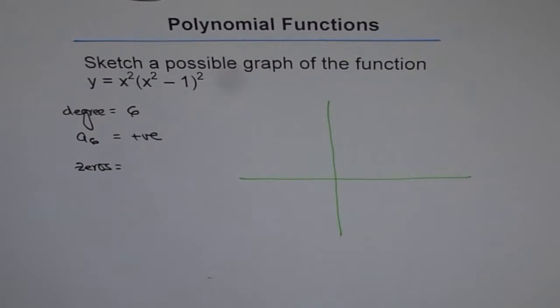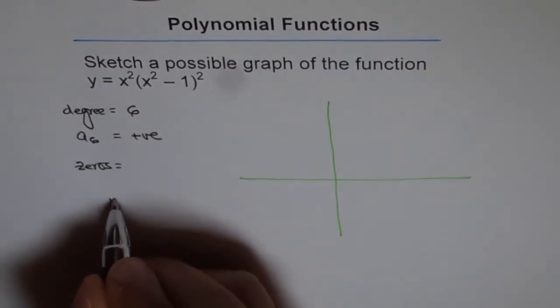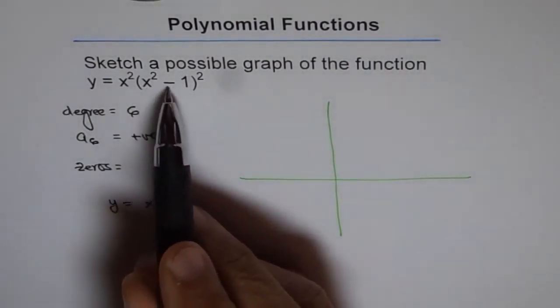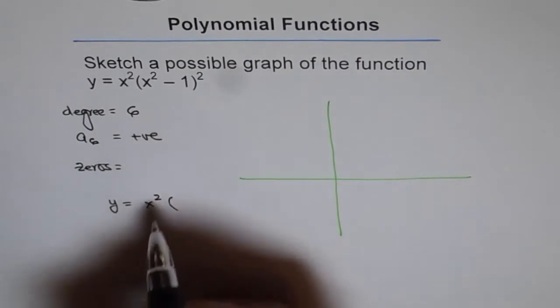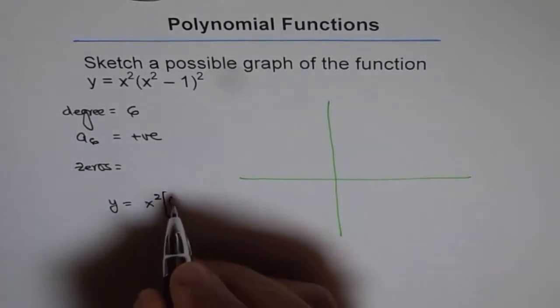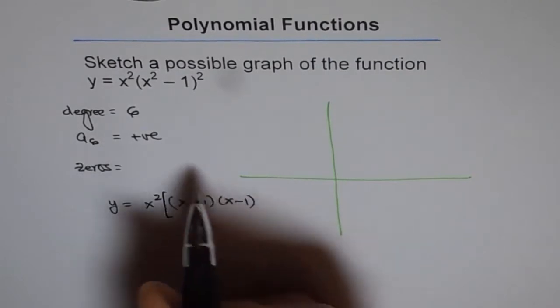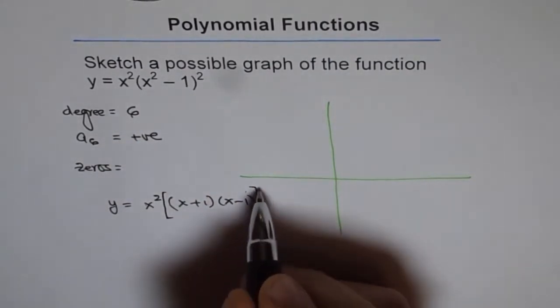To find the zeros, it is good to factor this equation. If we factor it, we get y equals x squared, and x squared minus 1 can be written as (x plus 1)(x minus 1). So first let me put it in a square bracket, I'll tell you why. This is (x squared minus 1) and the whole thing is squared.